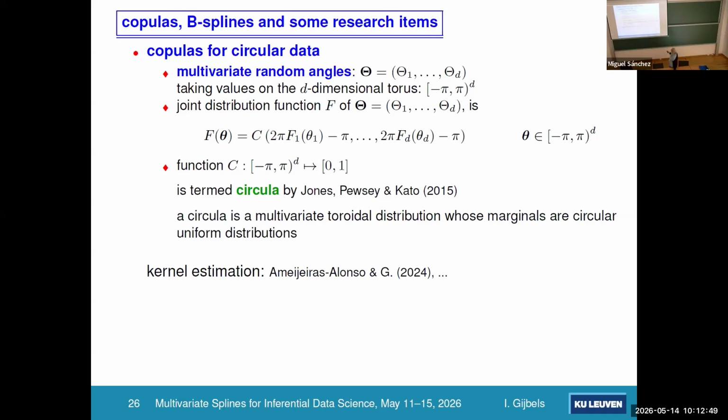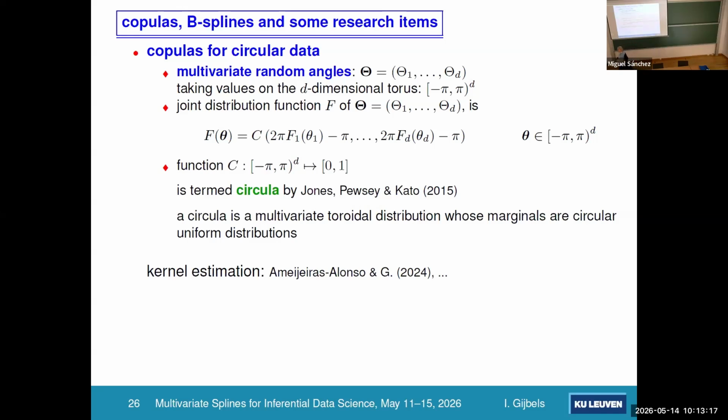So your data now take values on a d-dimensional torus. You can write down what is the joint distribution function. You can apply Sklar's theorem, by the way. That's not a problem, you can apply it. You have to be a bit more careful that you always stay between minus pi and pi. That's why there are these things over here. And actually that copula is now defined on the d-dimensional torus.